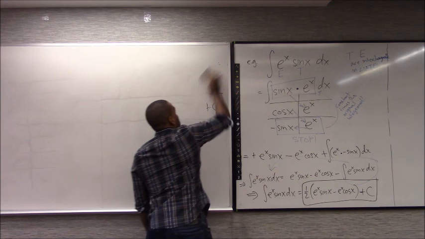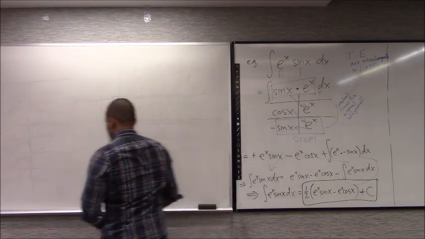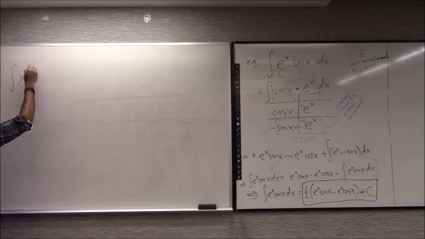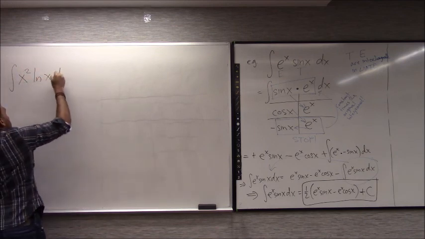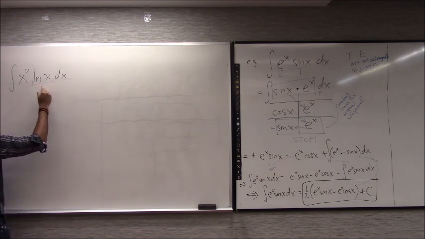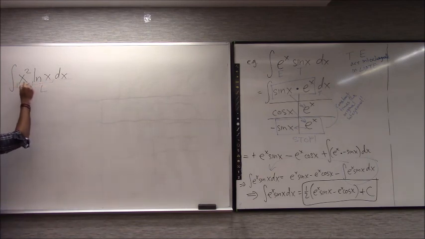Let's see working in the third situation. Again with a familiar example. I believe we did x squared ln x as well. So like that. Now this guy here is L, it's a logarithm. This guy here, it's A, it's an algebraic polynomial.